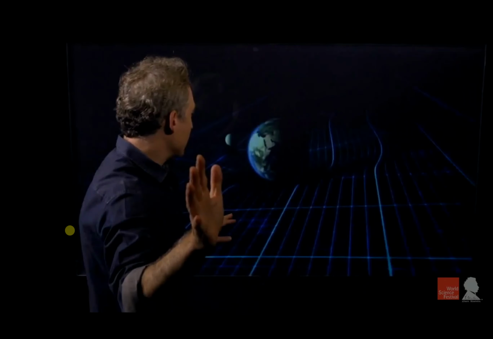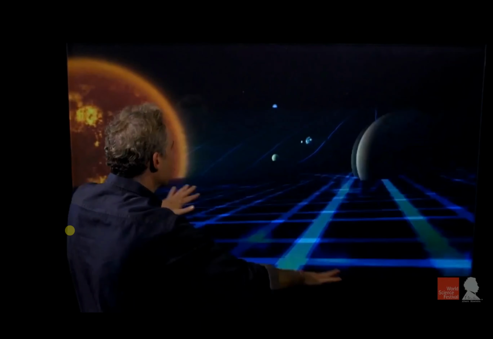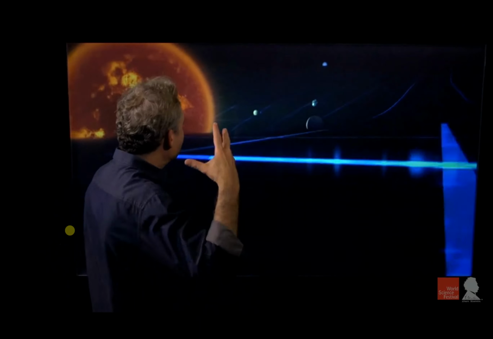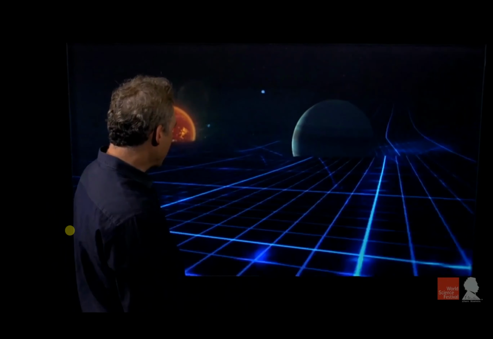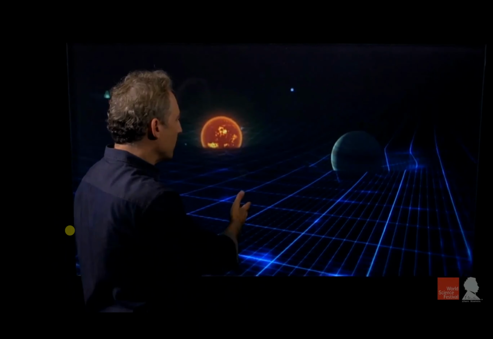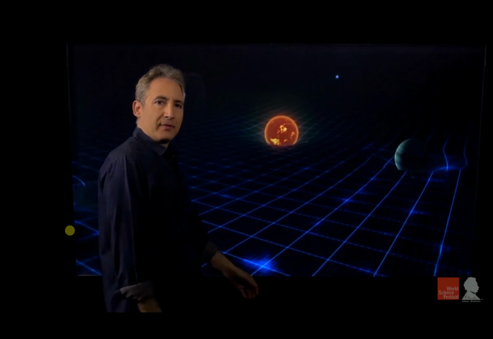So Einstein realized that by including accelerated motion, he could understand the force of gravity in terms of warps and curves in the fabric of space and time. One of the most beautiful insights ever.